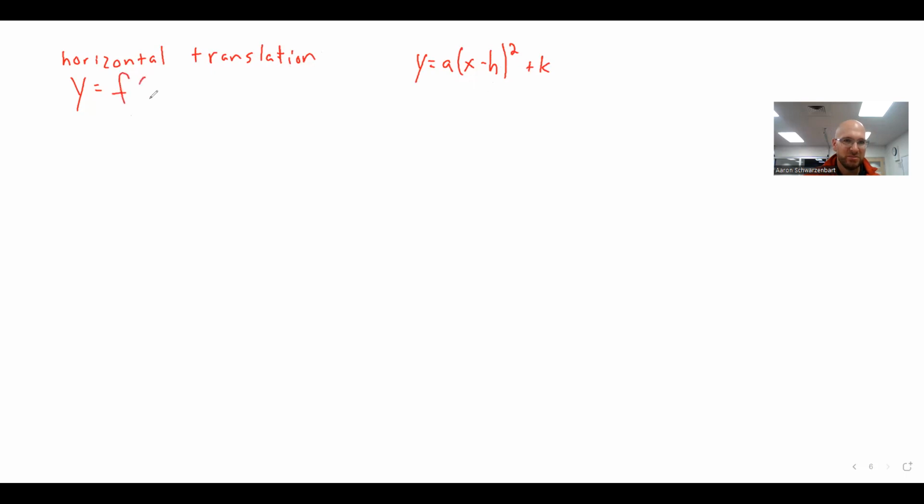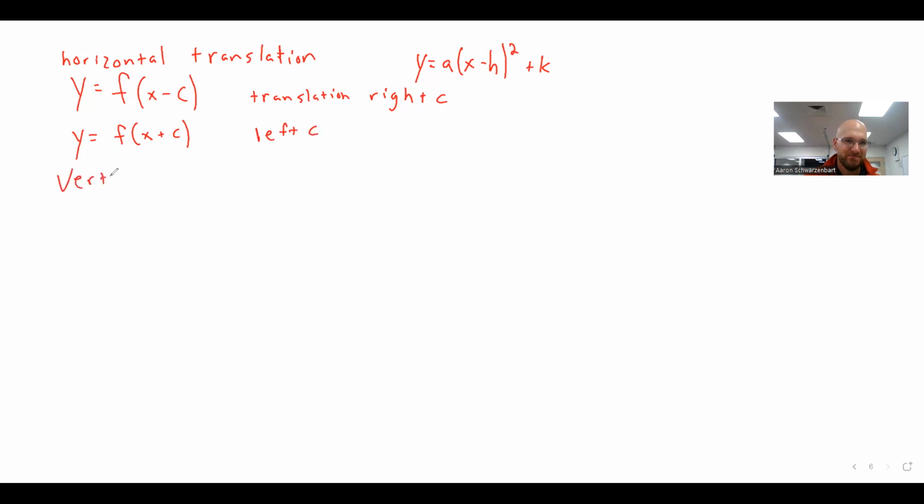In function notation, this book is going to use C. So this is translation right C. And when it is inside the f of x or inside the function part, that's going opposite the sign. We did this with circles. This is left C.